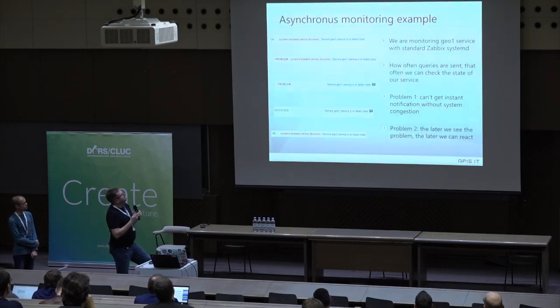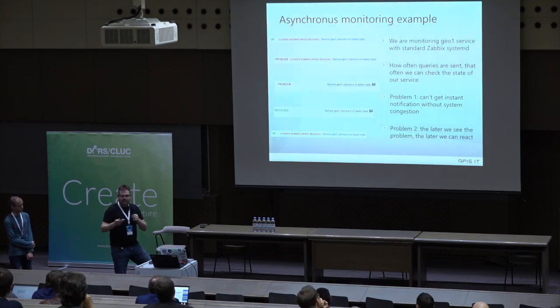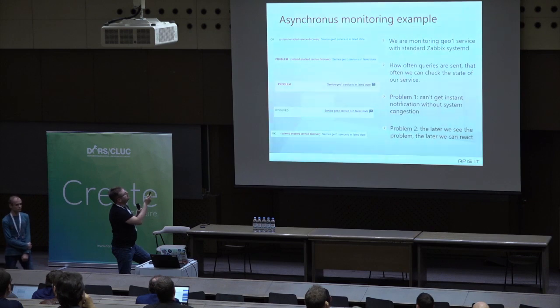So, this is an asynchronous monitoring example where we use Zabbix. Zabbix is querying the monitored system. Is everything okay? It gets the states, everything is okay. After the query, let's say everything is okay is 1, there's a problem with service is 0, we have 0 after one of the queries.